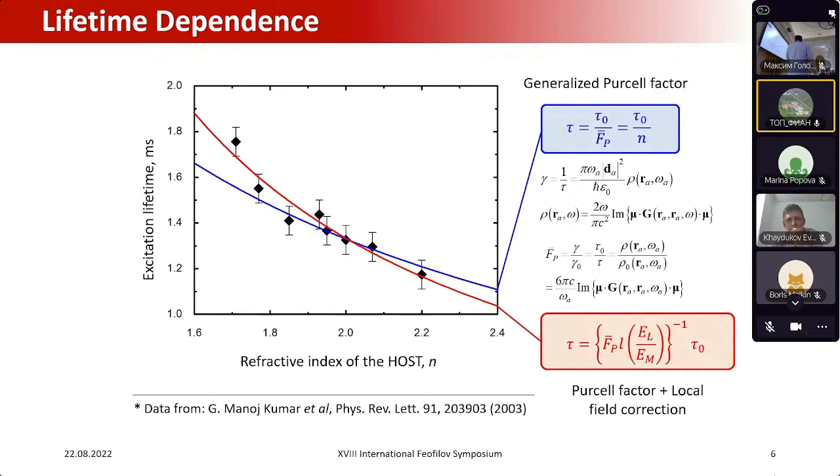Now the theoretical curves show what happens if you take the generalized Purcell factor, which should be understood in terms of the density of final states for the emission. With higher values of the refractive index, the light propagates slowly, and that is the reason for the higher density of states, and according to the Purcell effect, it gives a rise of the luminescence intensity with a shorter excitation lifetime, of course.